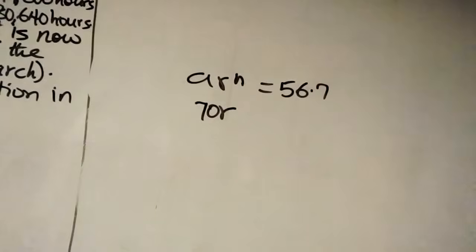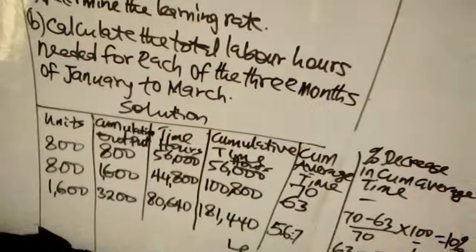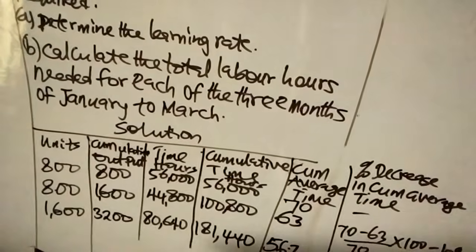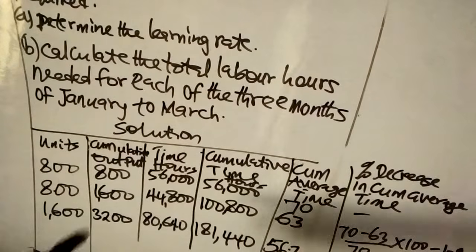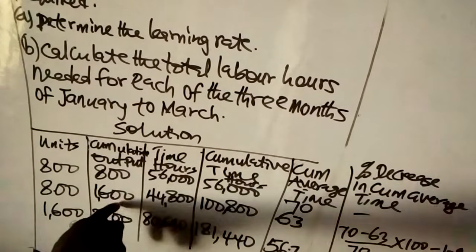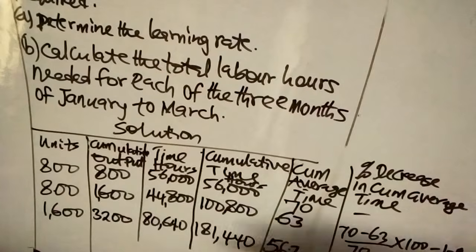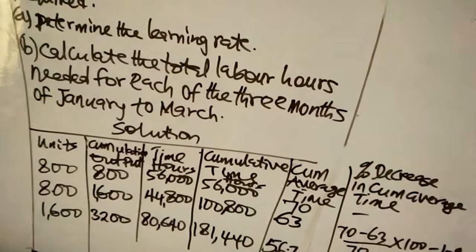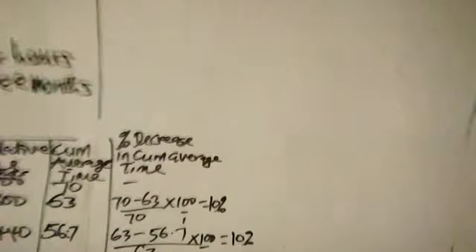How many times will the activity be doubled to obtain this cumulative output? Remember, the cumulative output is 3,200. If the first activity is 800, if you double it for the first time, you have 1,600. That is the first time. If you double 1,600, you have 3,200. That means it will be doubled 2 times to get the cumulative output.